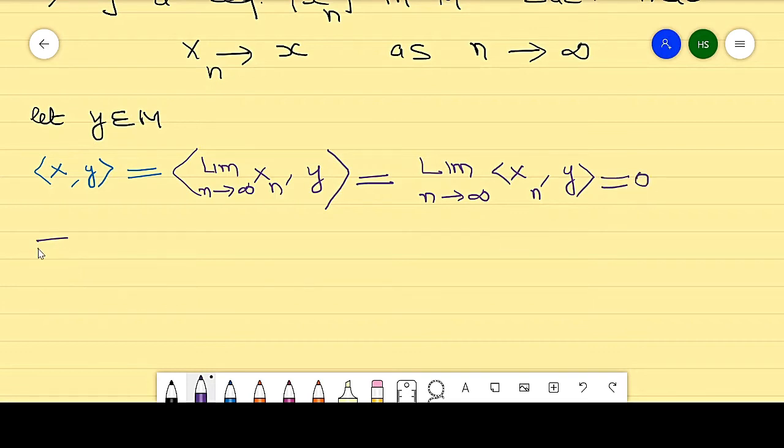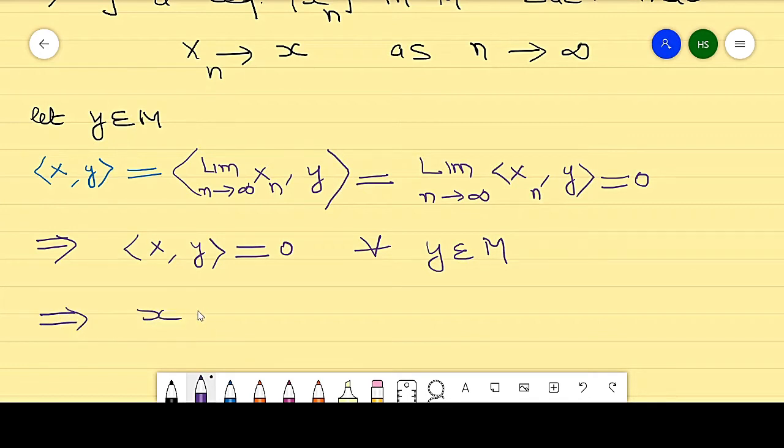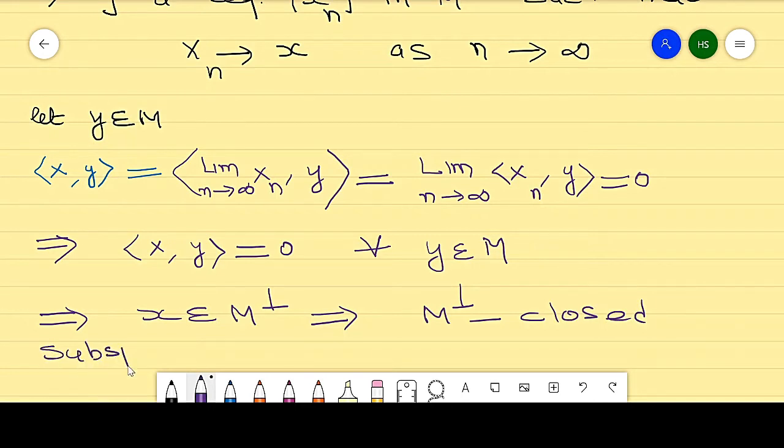If this is 0, then we get the inner product of x, y equal to 0 for every y belongs to M. So it implies x belongs to the orthogonal complement of M. Hence the orthogonal complement of M is a closed subspace of a Hilbert space H. This is a very important result of a Hilbert space.